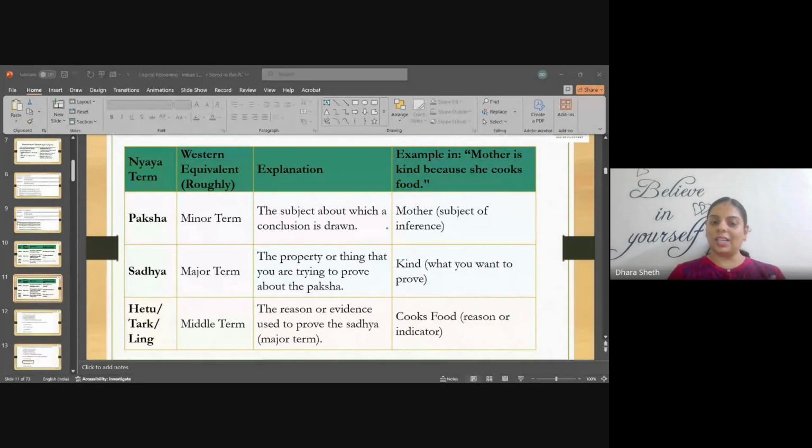The hetu, the tark, the link that we are giving, which is our middle term, cooking food. Mother is kind because she cooks food. Then you probably give an example to prove that. And then you say that she cooks food just like the example. Therefore, mother is kind. This is how inference goes in Indian Nyaya syllogism.